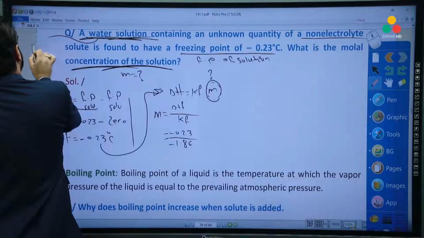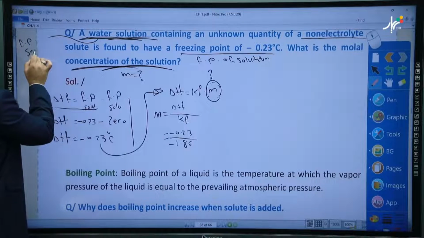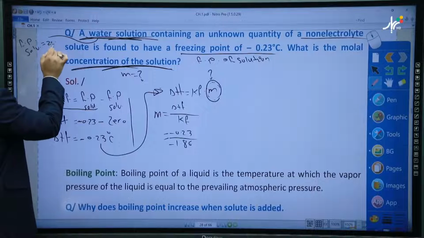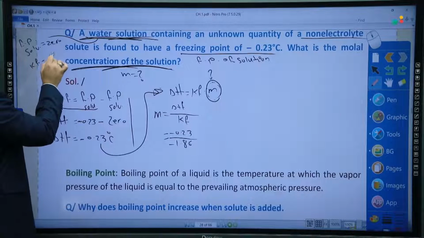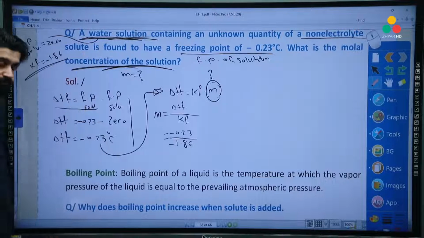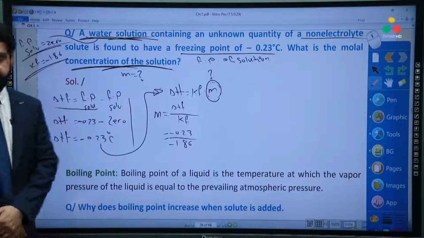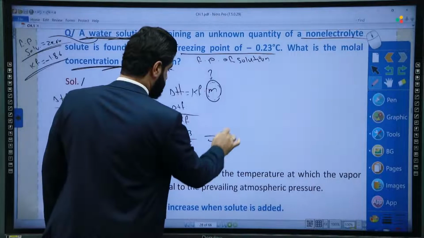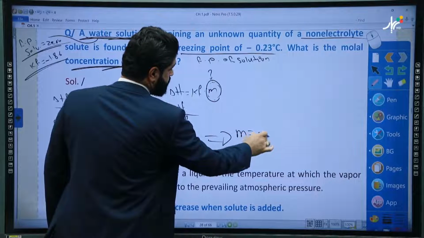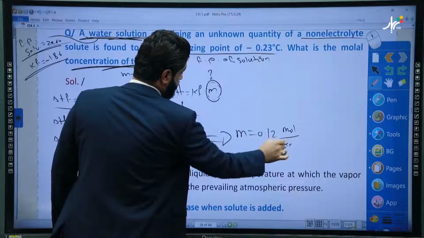So immediately, because of water, the freezing point of solvent equals 0 and Kf equals negative 1.86. Super easy, without thinking. So molality equals 0.12 mole per kilogram.